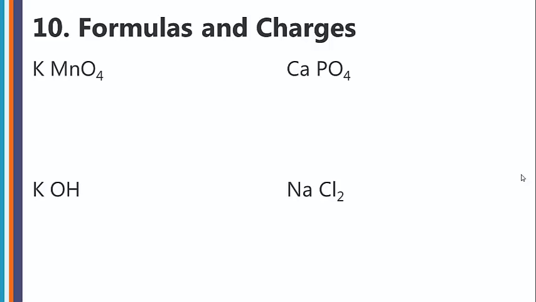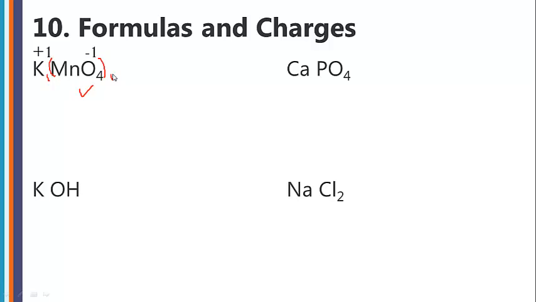Number 10 is about using the formulas and their charges to determine if the formula is correct. So first I have KMnO4. MnO4 is a polyatomic ion. The charge on potassium is plus 1. MnO4 is minus 1. So whenever I crisscross these, I get KMnO4.